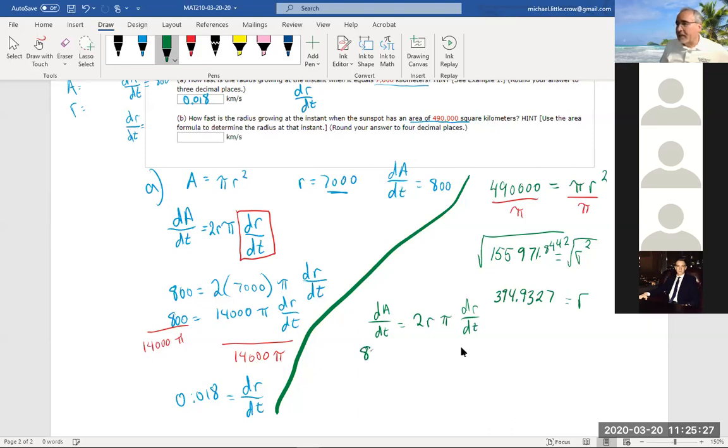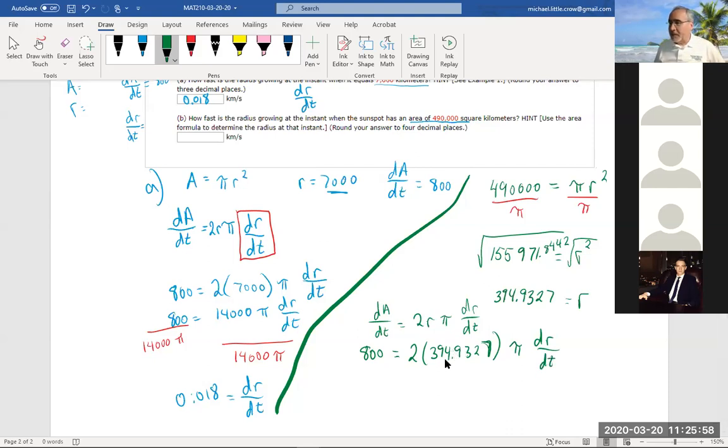That's a constant, the 800 kilometers per second. And the r this time is 394.9327, so it's less than what we had. So I would assume we should see a smaller rate of change. 394.9327 times pi times dr/dt.